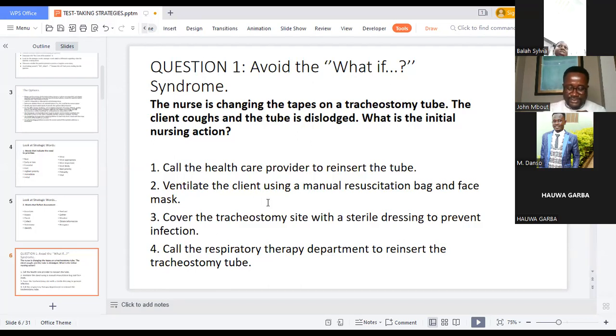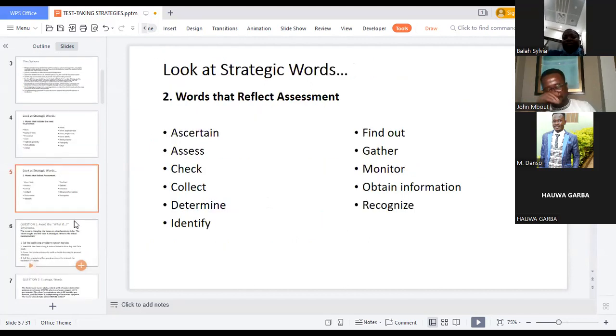Before we move to practicing the first question, I want to give some additional tips. We've talked of eliminating, of applying ABCs, Maslow's hierarchy, the nursing process, and identifying words that determine prioritization and words that reflect assessment.